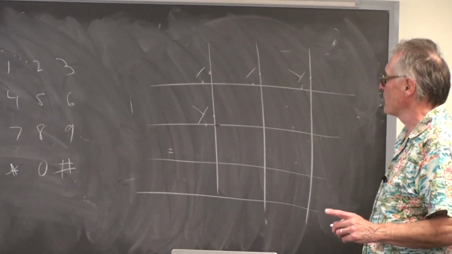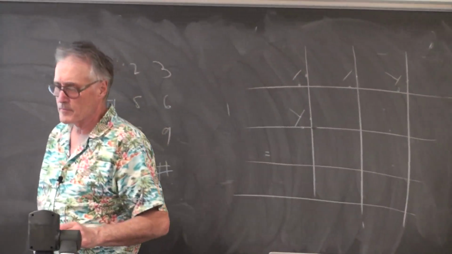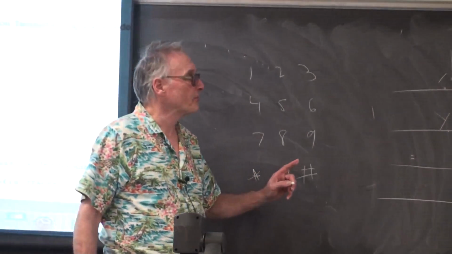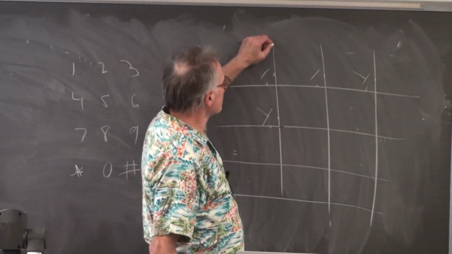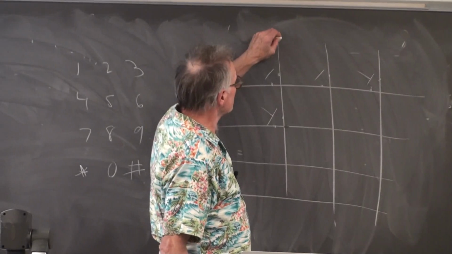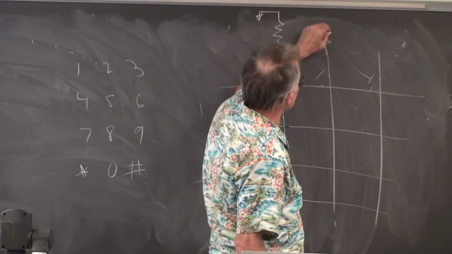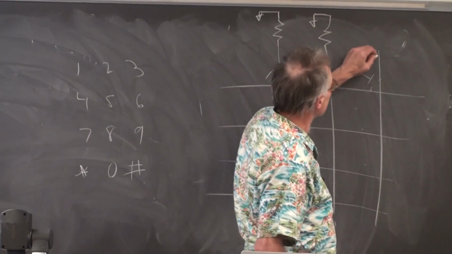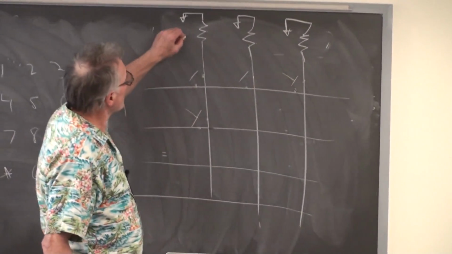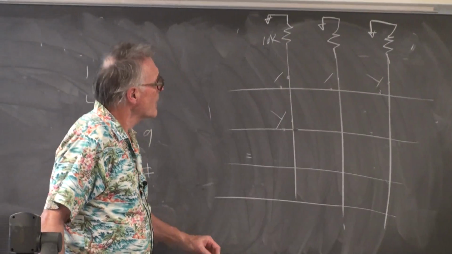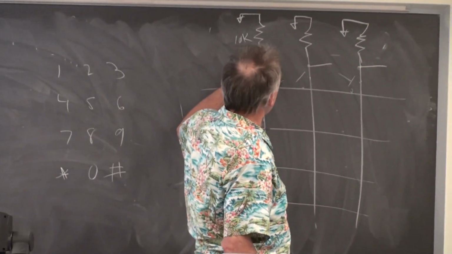The way I decided to implement this, it's not unique, there are other ways to do it, was to wire the 3 lines to pull down resistors on the order of 10K or so, and then take these 3 lines off to input pins.